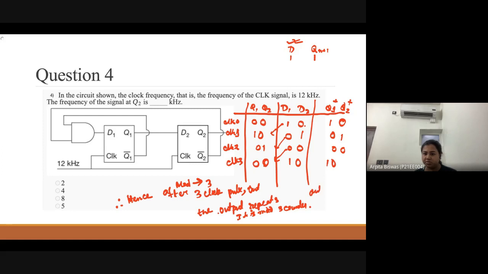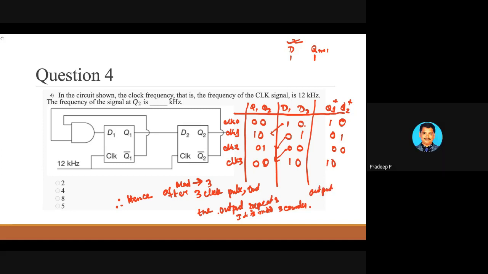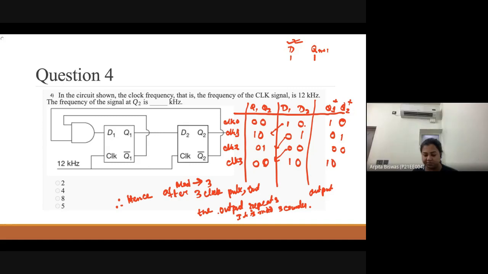So output frequency is 12 by 3, equal to 4 kilohertz.